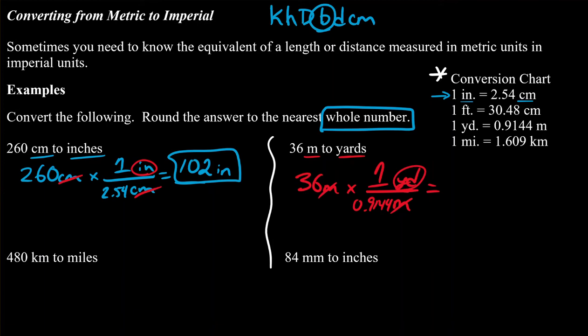So when I do this on my calculator, I go 36 times 1 divided by 0.9144. So 36 divided by 0.9144 is going to give me 39.37 yards, or rather just 39 yards, because it wants us to round to the nearest whole number.